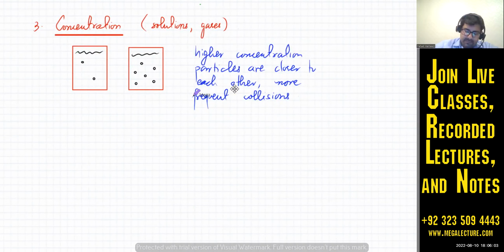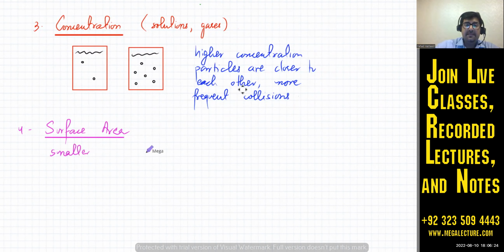That's number 4. What's number 4? Number 4 is we can talk about surface area. We'll just cover that quickly. Surface area: if the particle is smaller in size, they've got more surface area, like if it's powdered, it's got more surface area.